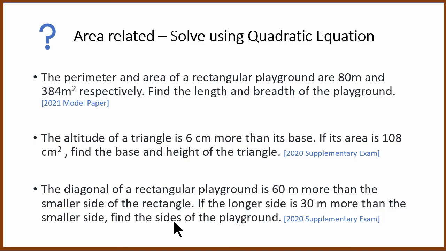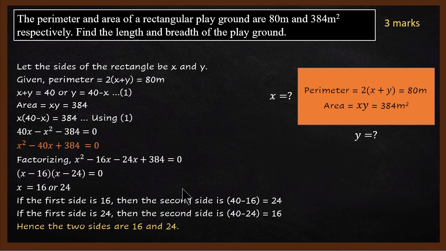Let's look at one of the examples to see how to solve this. So I'm looking at the perimeter and area of a rectangular playground problem. So basically what have they given? They have said that the perimeter is 80 meter and area is 384 meters square, and we are supposed to find the length and the breadth. So you can see the perimeter is 2(x plus y) equals 80 meters and xy equals 384 meters square.